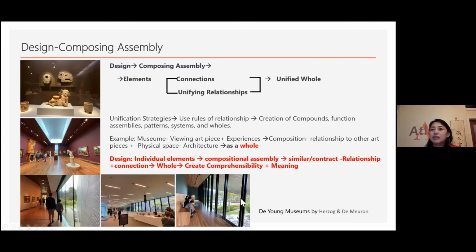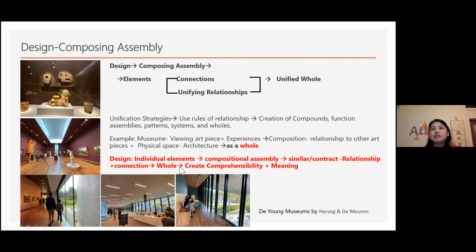These are my kids. You can look out at the sculpture garden and see nature in the background. The way this whole experience integrates the art, the architecture, the nature, and people's experience together is just a great example of design composition assembly.